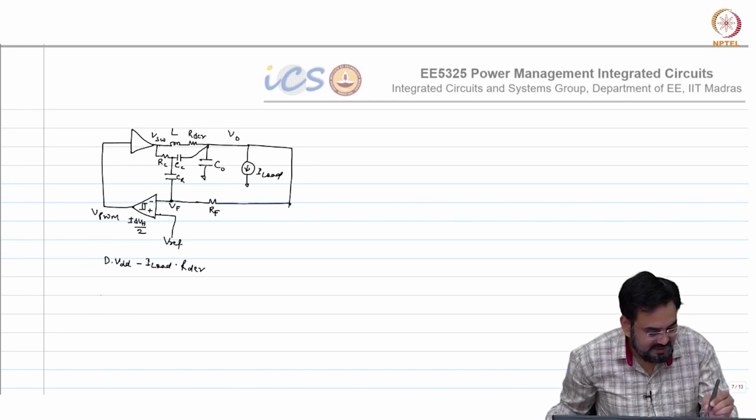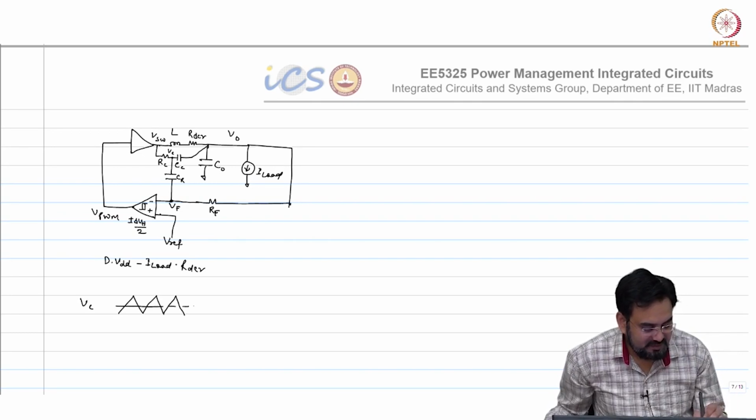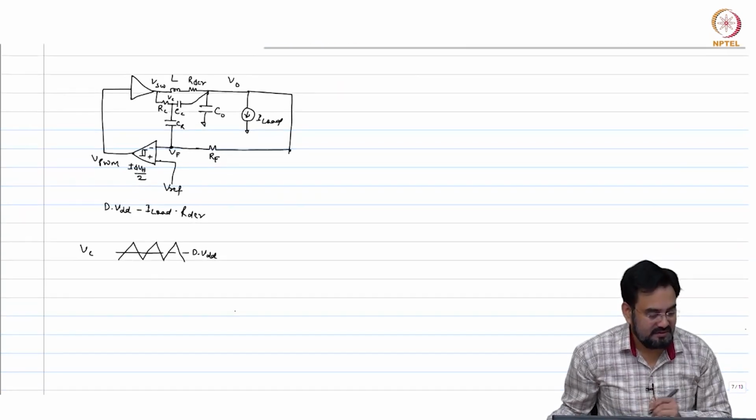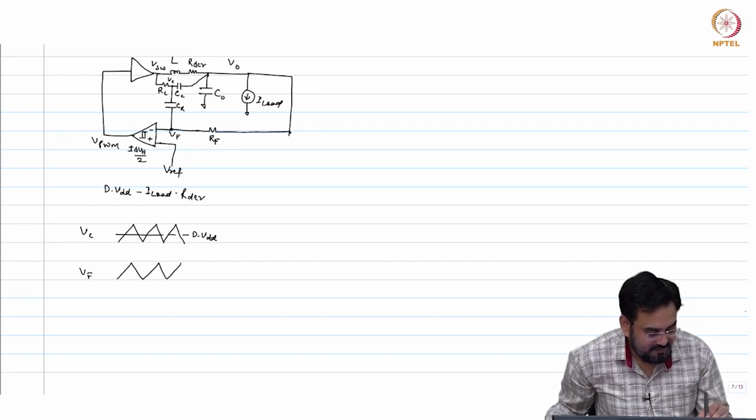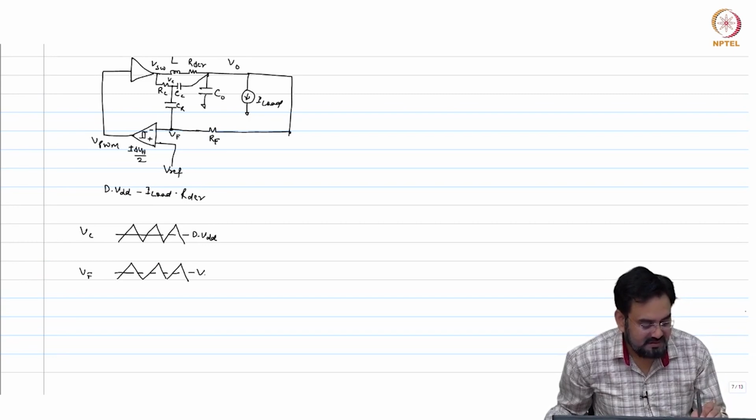So this was your Vc, and this guy was D times VDD. What will be the average voltage of this?